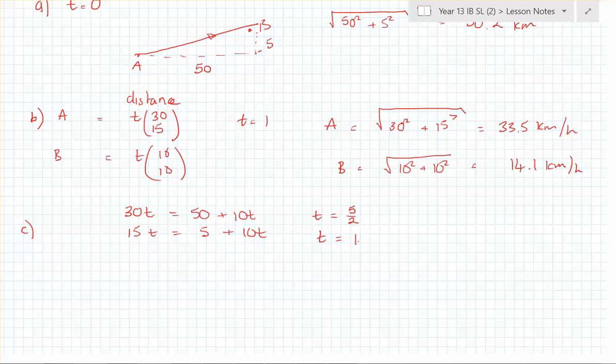So if you've got 2 boats, these are their vector equations of a line, but you might be asked to work out their actual vector equation of a line. And how would you work that out?